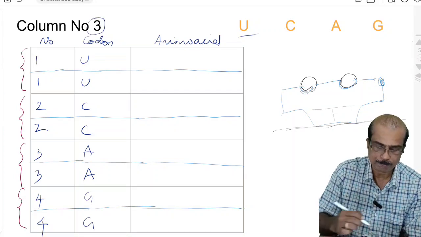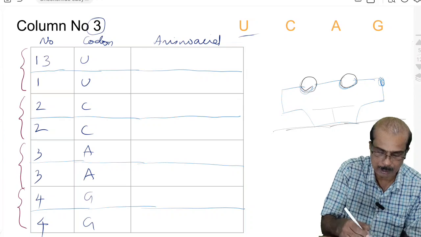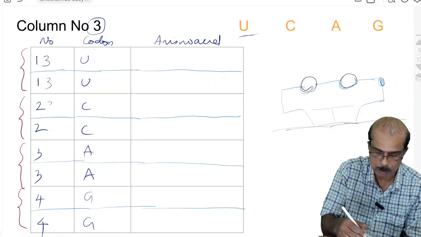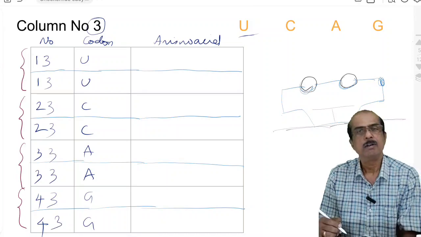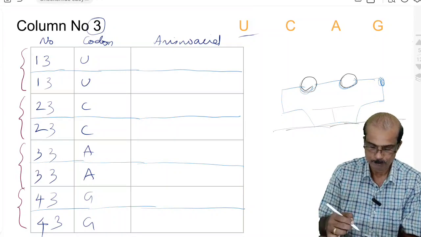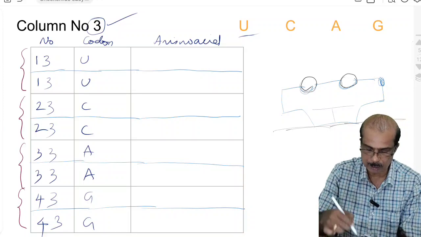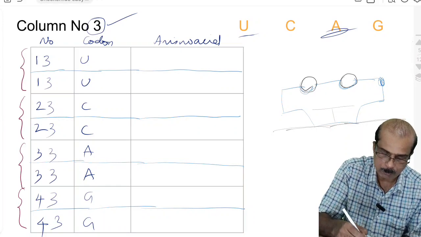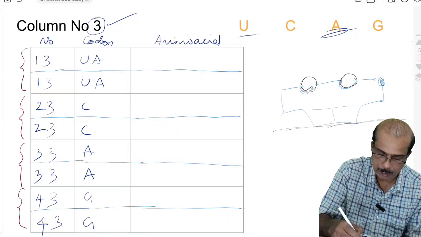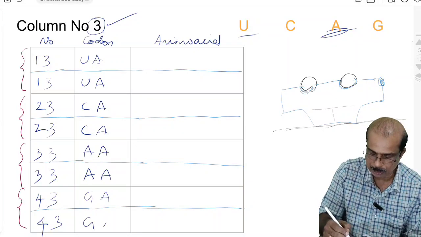Being the third column, the second digit is 3: 1, 3; 2, 3; 3, 3; 4, 3. The second nitrogen base will be A: UA, CA, AA, GA.